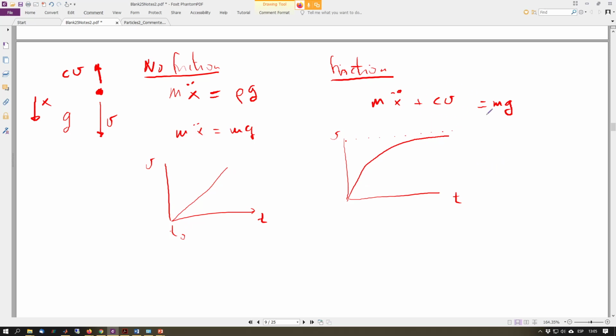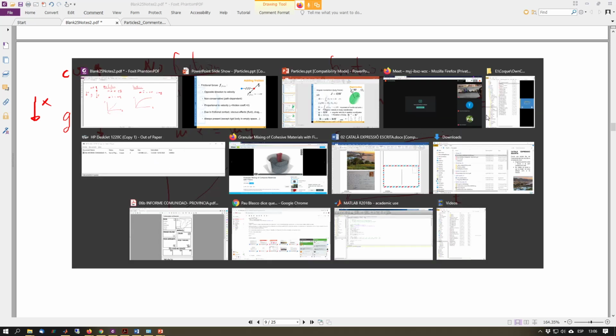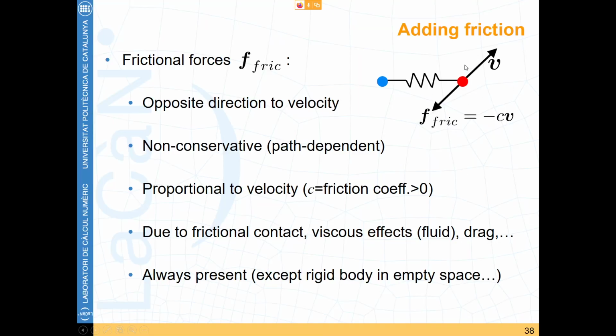In our case, we apply that in order to simulate what may be happening when the body is embedded in a fluid. This introduces some non-conservative forces.